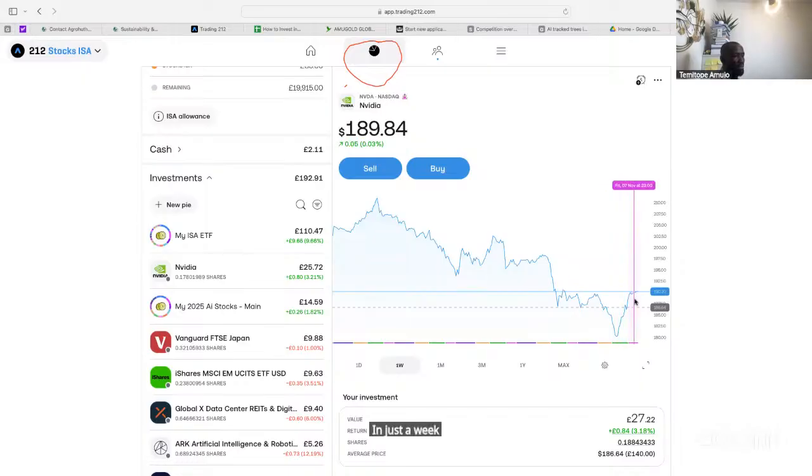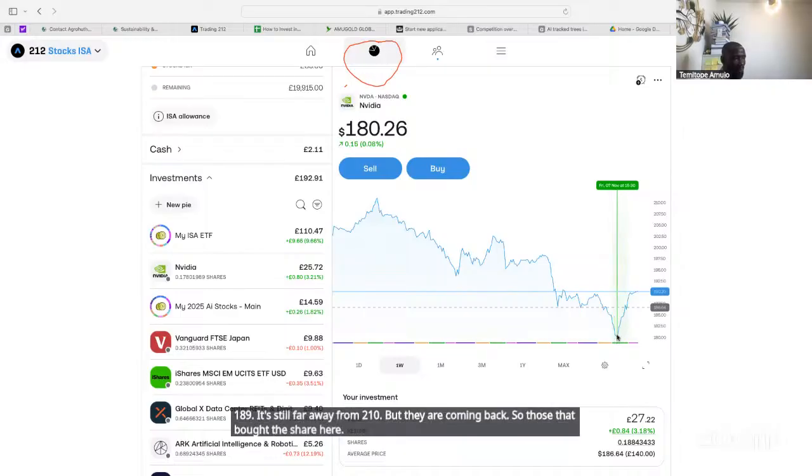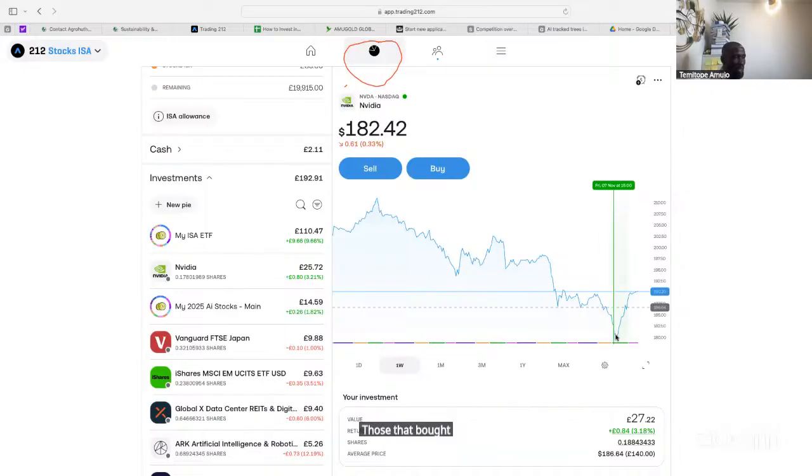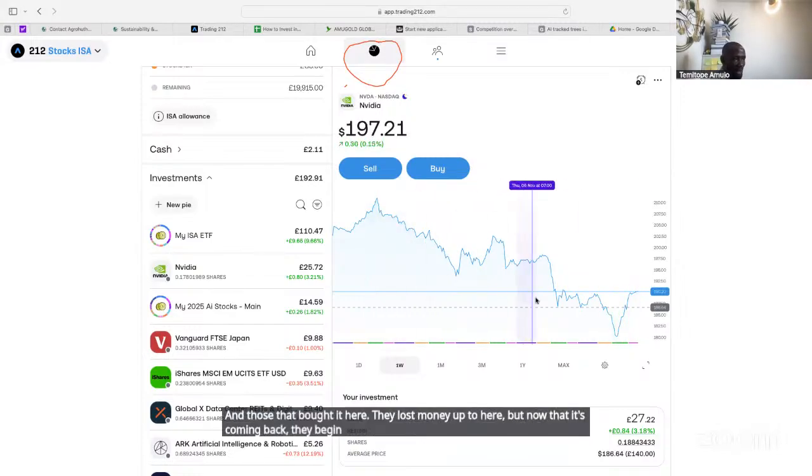But now they have gone back up to 189. It's still far away from 210, but they are coming back. So those that bought the share when it was going back have started making more money from that one. And those that bought it at the top lost money up to here, but now that it's coming back, they begin to gain their money back.